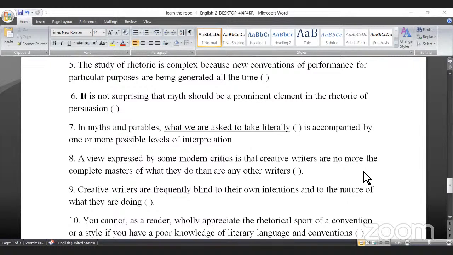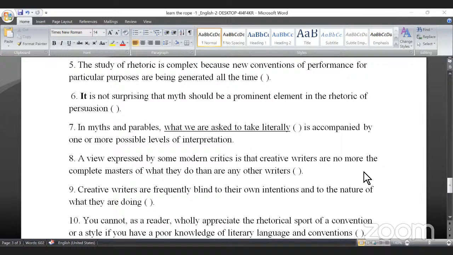Now within that creative writers are no more the complete masters of what they do than are any other writers, let's say there is an embedded clause. Beginning from what they do than are any other writers is an example of what then? Again, a noun clause. So it's a noun clause within a noun clause.